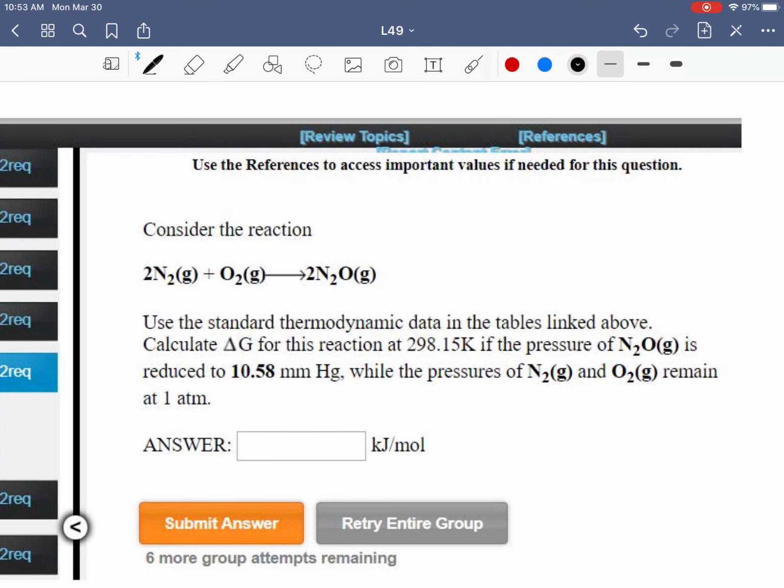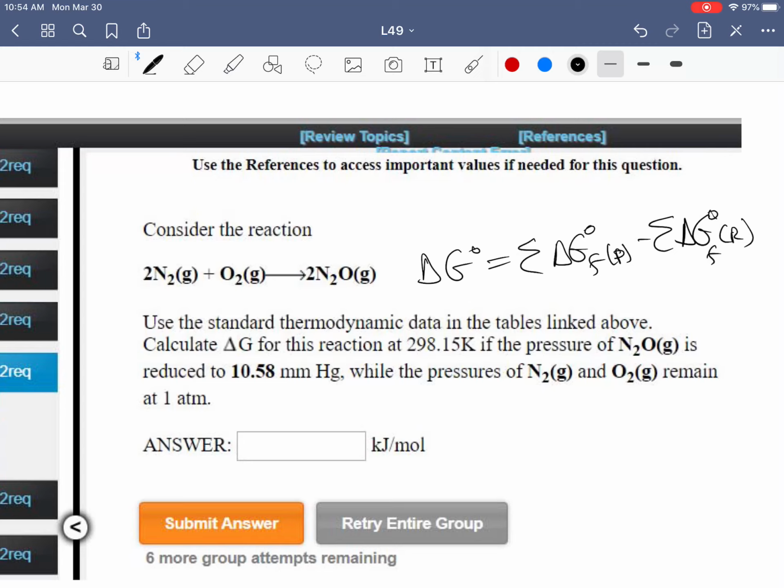So using the thermodynamic table above, figure out the delta G for this reaction right here at 298.15. At first you want to figure out what delta G naught is. This is using the tables, so this could be done probably using the summation: the delta G of formation of the products minus the delta G of formation of the reactants.